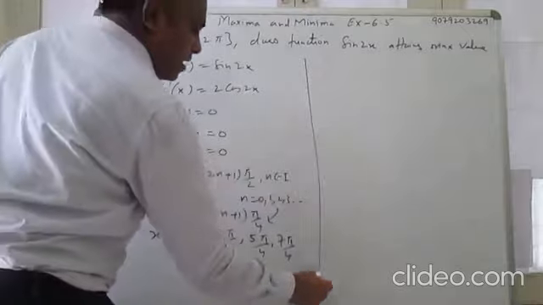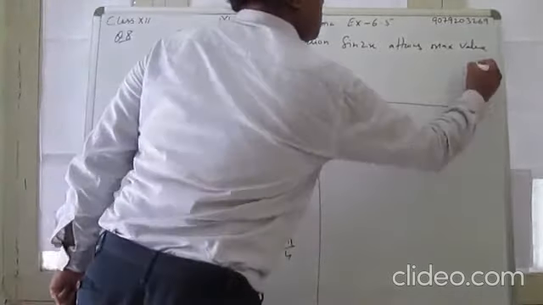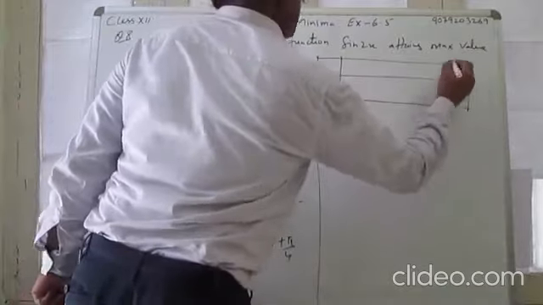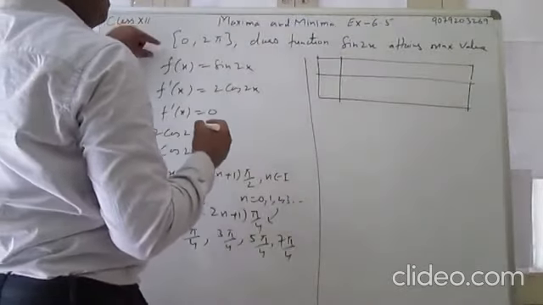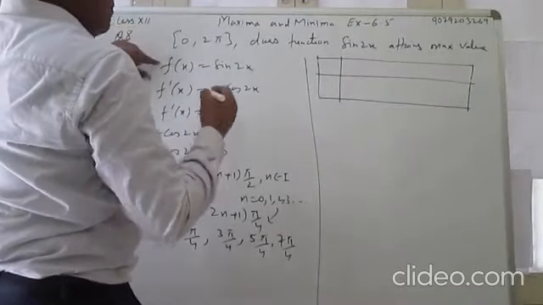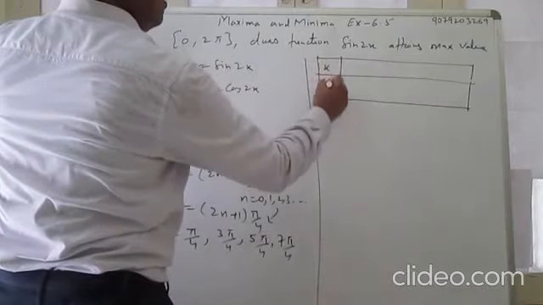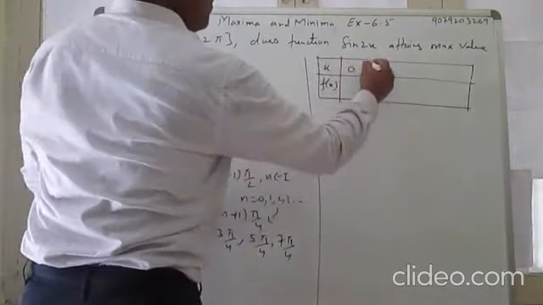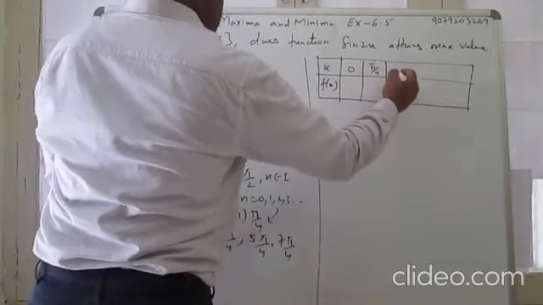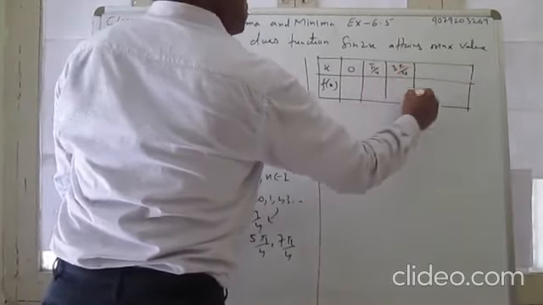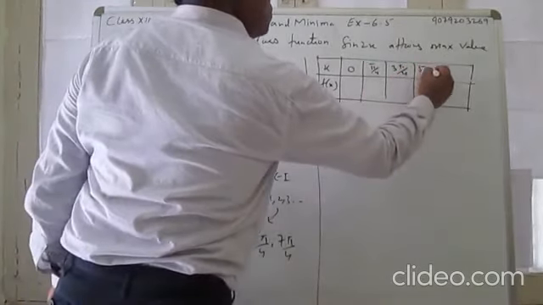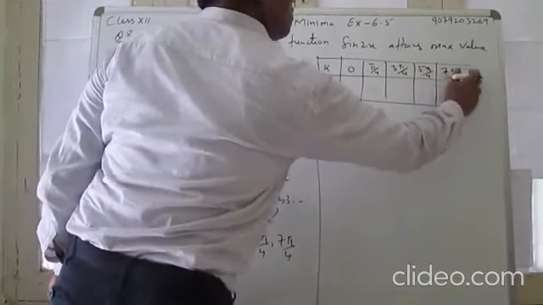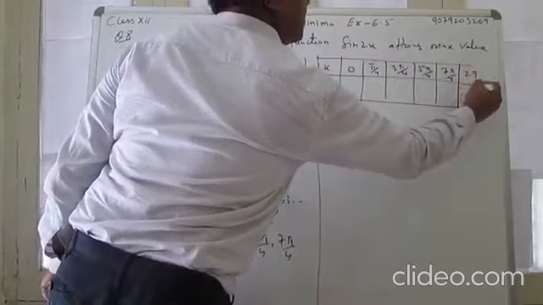Now make the table. To find the maximum, we have to find the value of f(x) at different x. So x and the value of f(x). The values of x are 0, pi by 4, 3 pi by 4, 5 pi by 4, 7 pi by 4, and 2 pi.